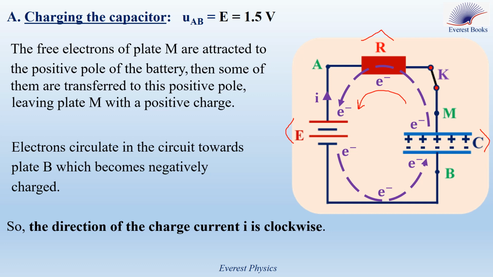Now, another important remark. The electrons circulate in the circuit, but not through the dielectric, which is the insulating material between the two plates, because the electrons cannot flow into or through an insulating material.